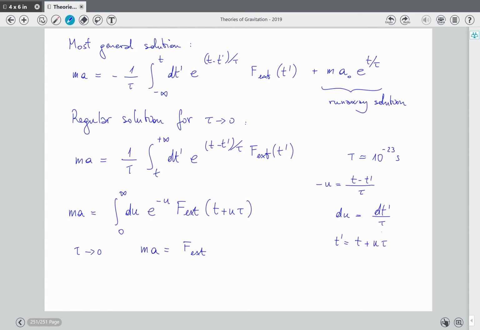Now, in the second part of the course, we will see that, although it's non-trivial, it is actually possible to achieve the same goal in quantum gravity.